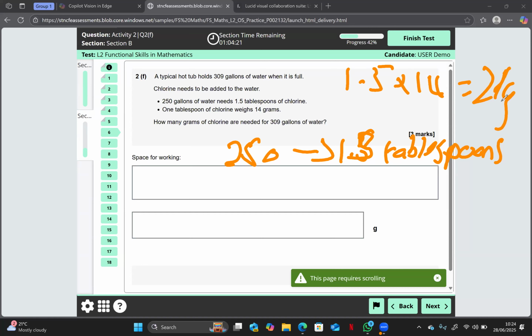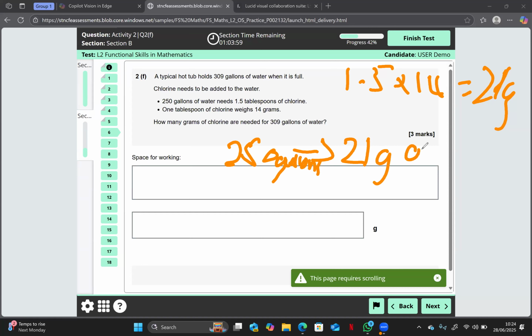So sorry, let me do that again. So 250 gallons requires 21 grams of chlorine.